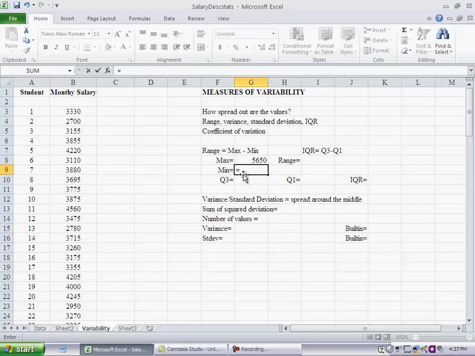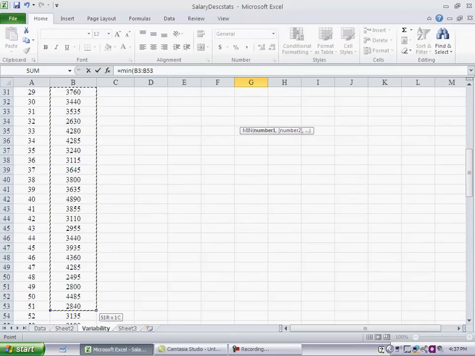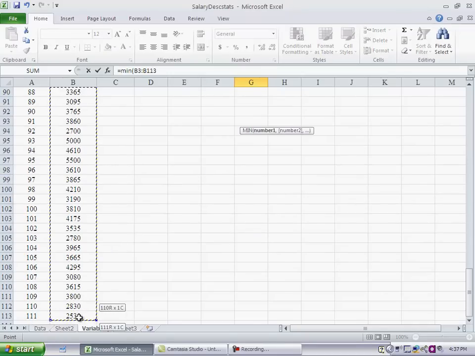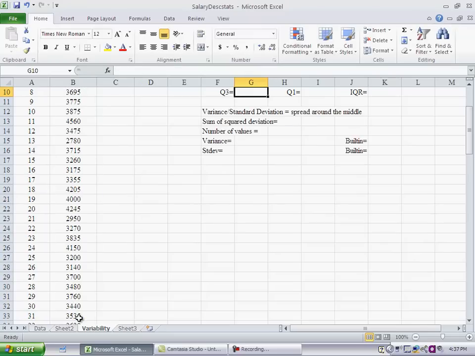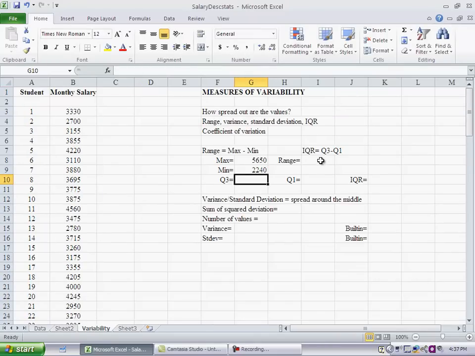The minimum, the built-in function is min. I would compute the minimum. And so the range would simply be the maximum minus the minimum, which is $3,410. So that's the simplest measure of spread, the range.